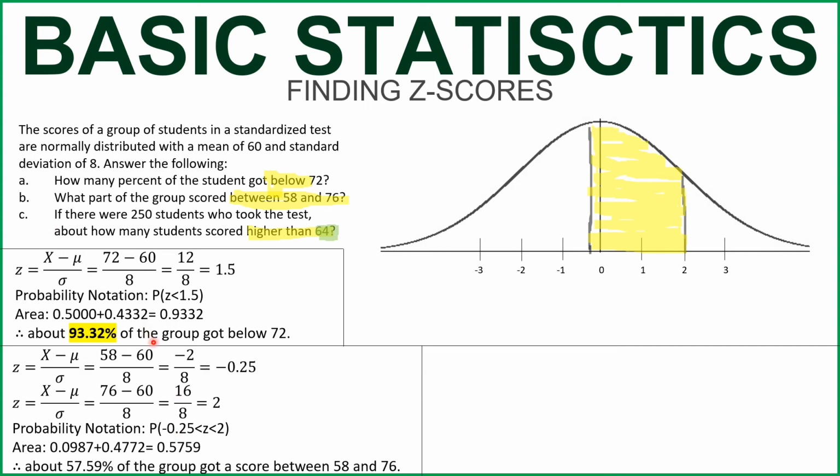Gaya nung dati, formula lang tayo, which is z is equal to the given measurement minus mu all over the standard deviation. So, the given measurement is 64. We subtract it to the mean, which is 60, all over the standard deviation, which is 8. So, 64 minus 60 is 4, all over 8. So, 4 divided by 8 is 0.5.